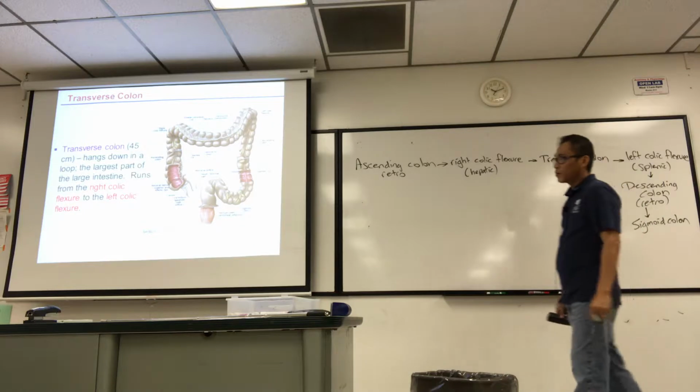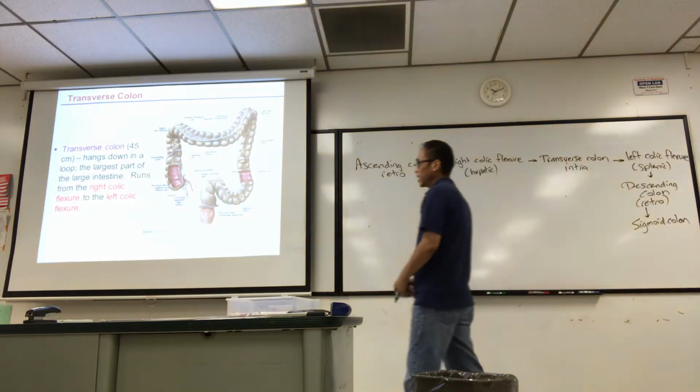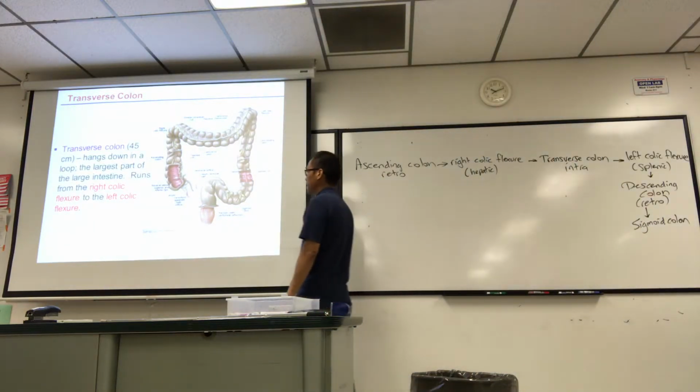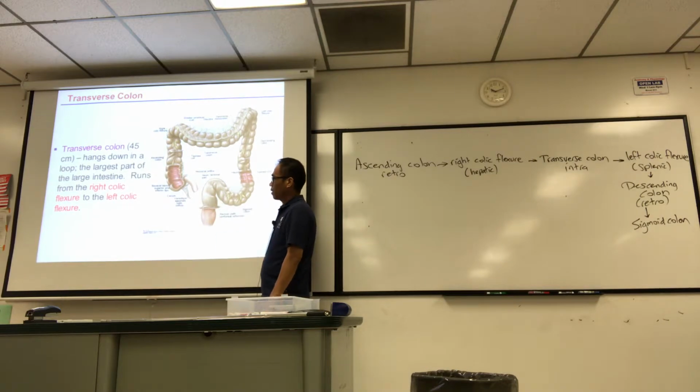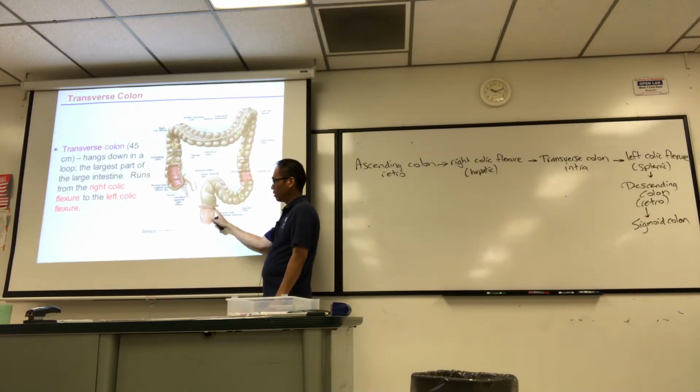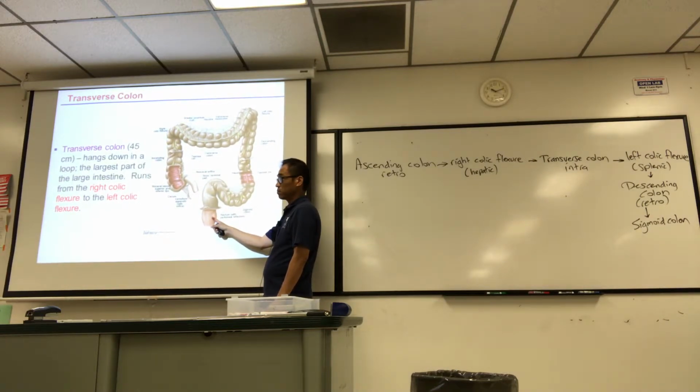Now, if you look, when you get towards the rectum and anus, the tinea coli cease being three little bands, and you lose them, and you restore the full longitudinal layer of muscularis externa.